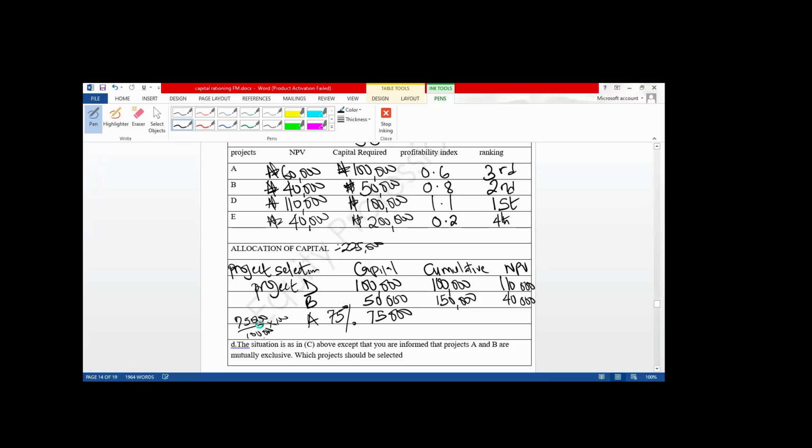Please work that out. We get 75%. That means you can only accept 75% of project A because these projects are divisible.